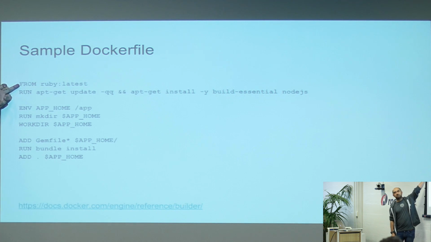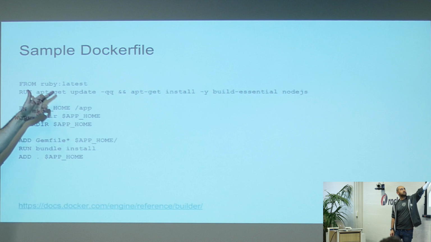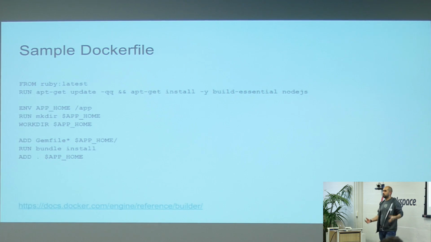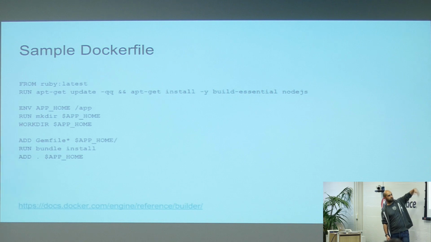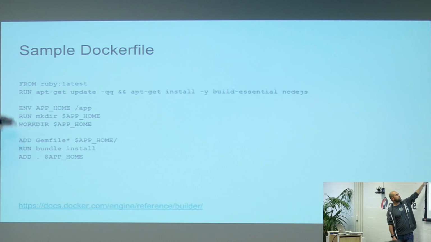What it does is, this is the base image, which is Ruby latest, and this comes from some place called Docker Hub, mostly. In there, you might have multiple images all the way down to the Linux kernel, but this brings all those layers up, and then you build layers on top of each other, so it's kind of inversed in terms of the order.